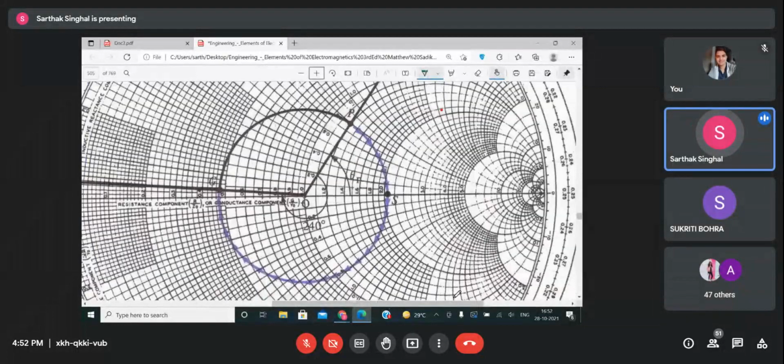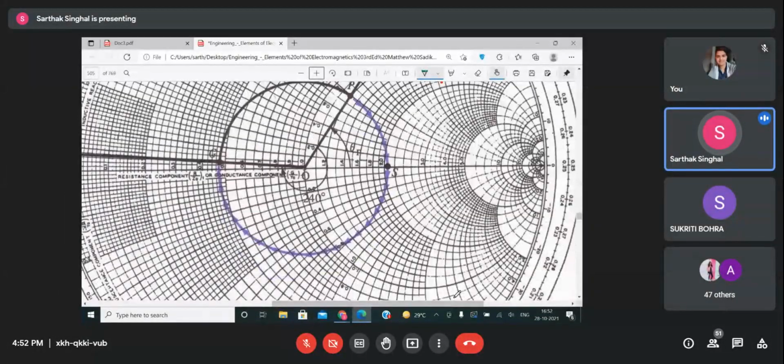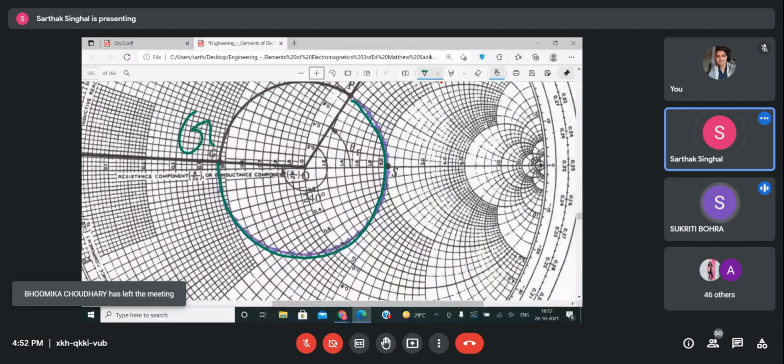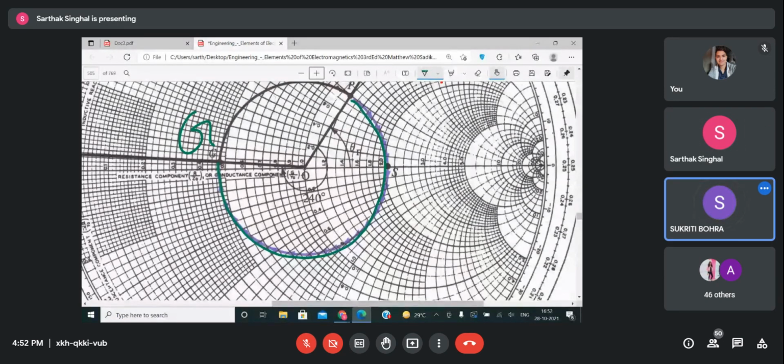So are you able to see this light blue circle? Yes, sir. By taking this 240 degrees, you will reach this point, which is point G. Now this point G will lie on the constant circle which you have drawn by taking the radius of OP.